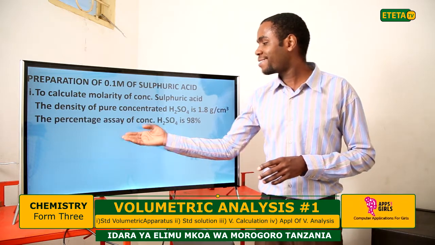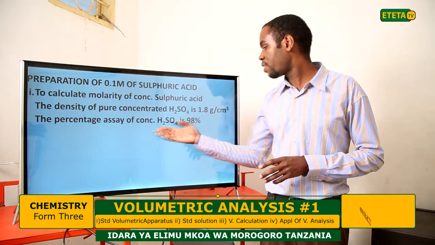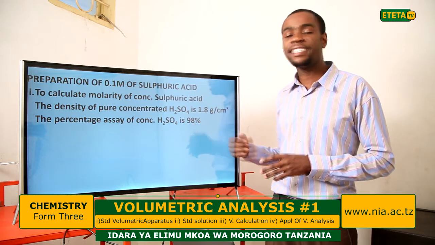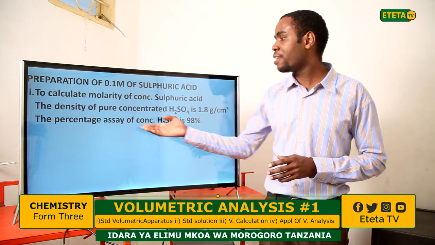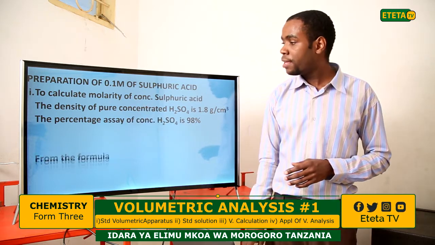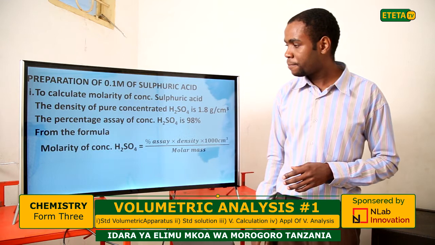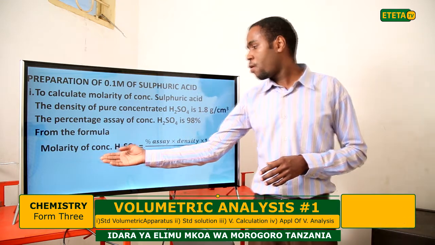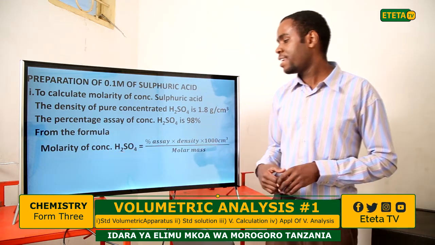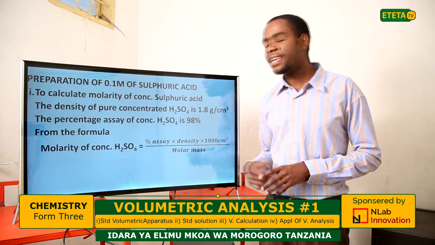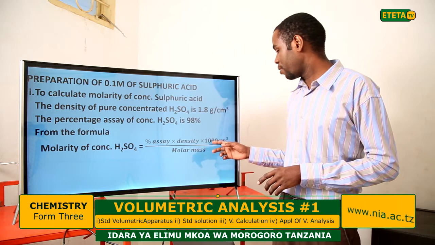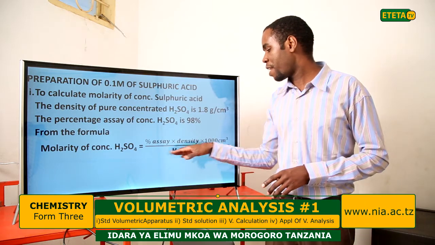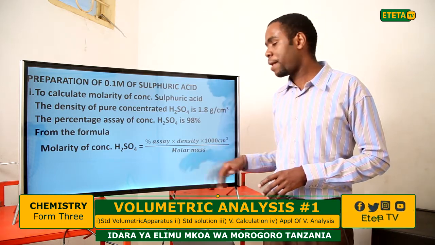Now, the percentage assay of concentrated sulfuric acid is 98%. We have a percentage assay and we have a density. Now, from the formula, molarity of concentrated sulfuric acid is equal to percentage assay, multiplied by density, multiplied by 1000 centimeter cube, divided by molar mass.